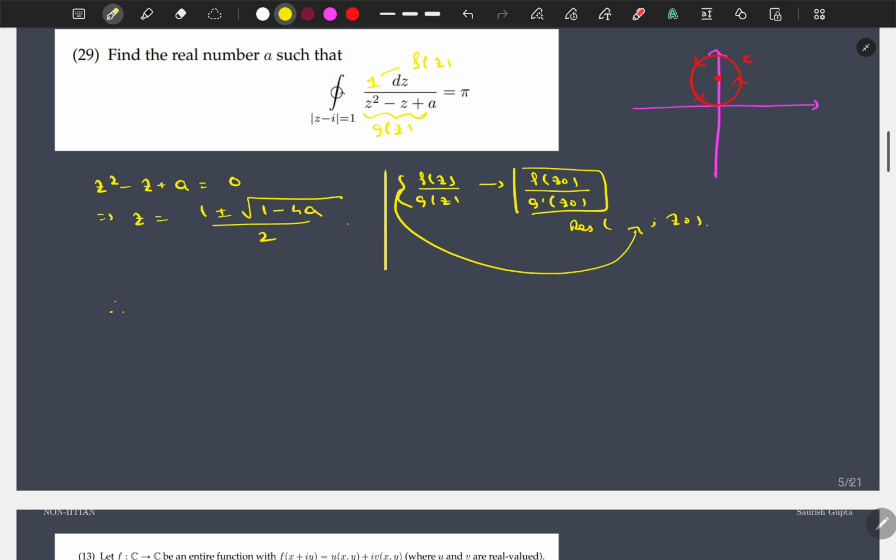So the residue of 1 over z squared minus z plus a at the possible singularity should be the same as 1 over 2z minus 1 at the required singularity. I hope I'm making sense.